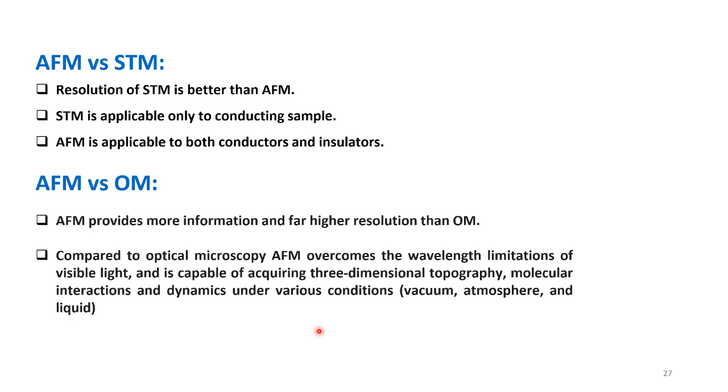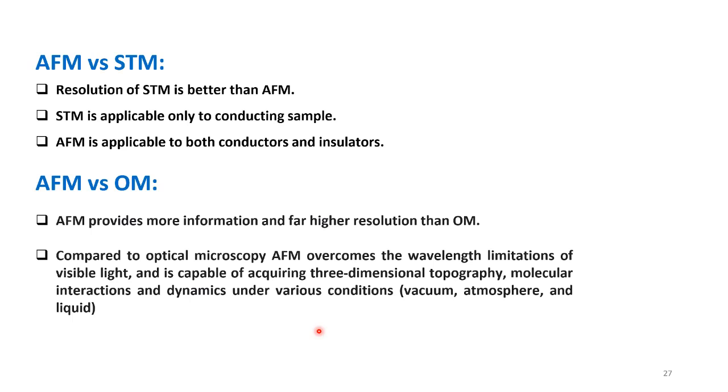So that's why we get a better resolution in STM. And STM is applicable only to conducting samples, so only for metals it is used, but AFM is applicable for both conductors and insulators. This is one of the advantages of AFM, that it can be used for conducting as well as insulating samples.